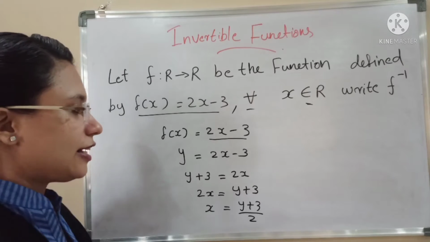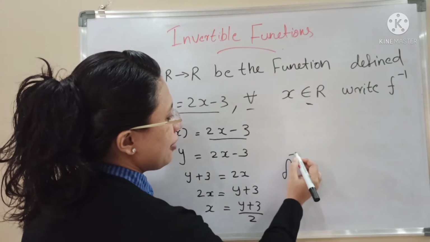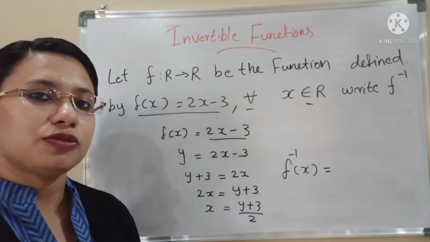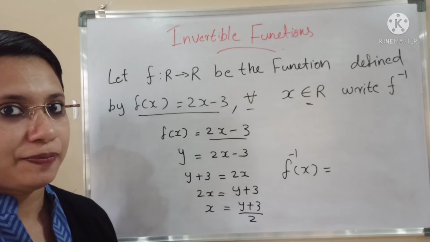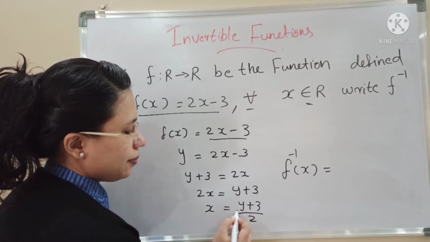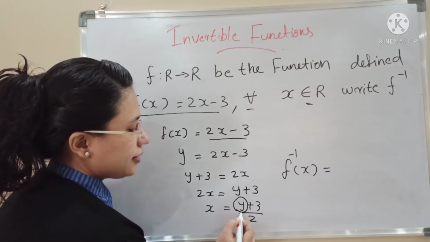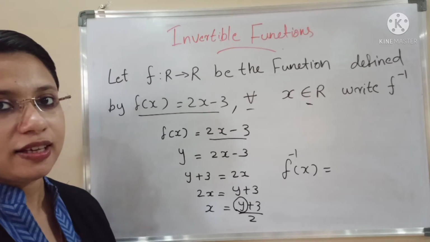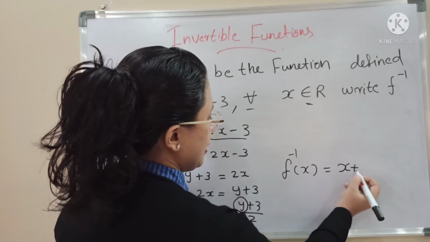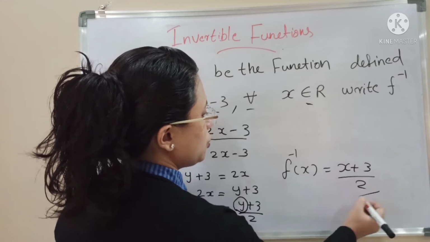So now the next step, finding out f inverse of x. How to find f inverse of x? What you have to do is just replace the y term in the function with x, that is x plus 3 over 2.